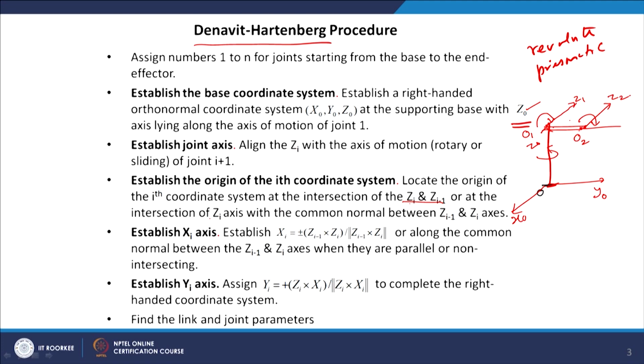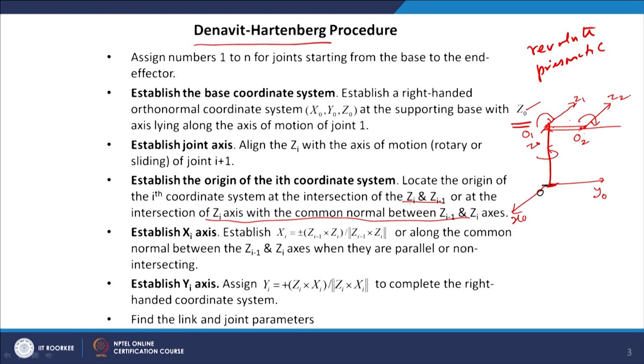If they are not intersecting, then the intersection of Zi with the common normal between Zi and Zi minus 1 will be the origin of the system. So, whether the two Z axes are intersecting or not intersecting, this procedure can be followed to fix the origin of the coordinate frames.